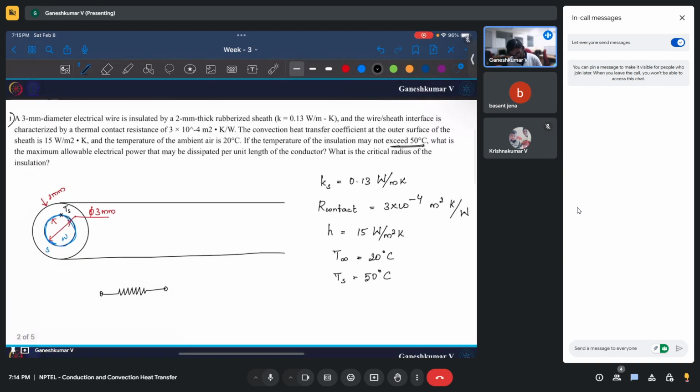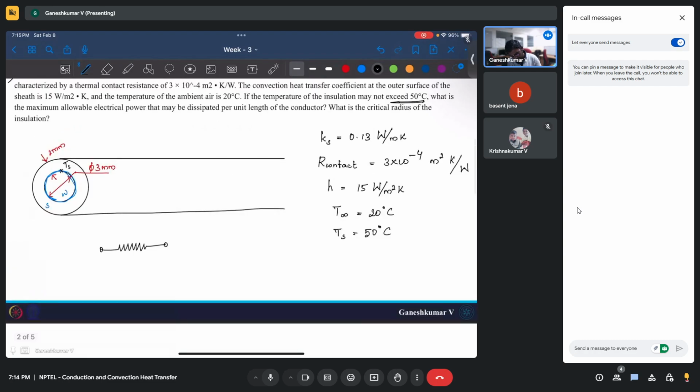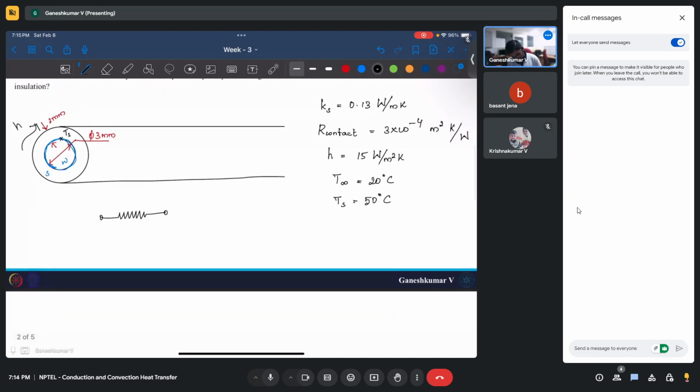Wonderful. So you will also have convection h. It will all be in series. All right, so this is T infinity. So where will you have Ts?